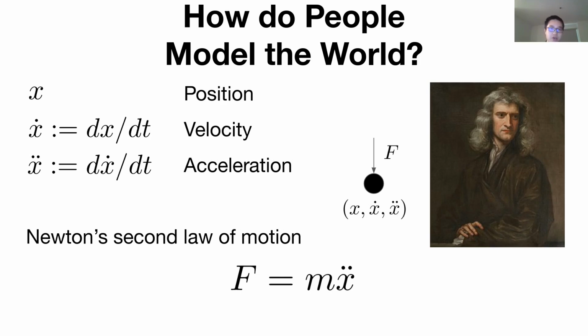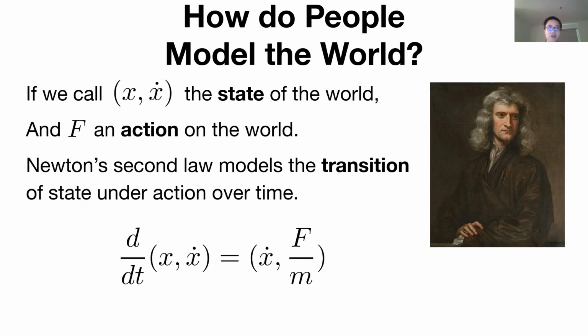This is his model of how the world changes under external action. If we call the position and the velocity the state of the world, the force an action on the world, we can say that Newton's second law models the transition of state under action over time.